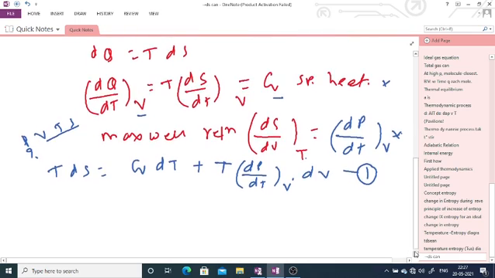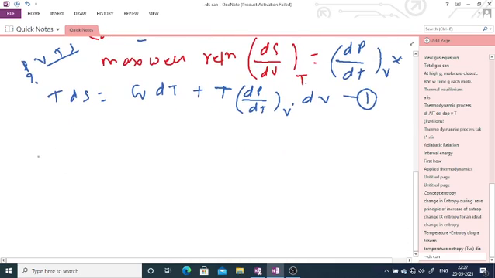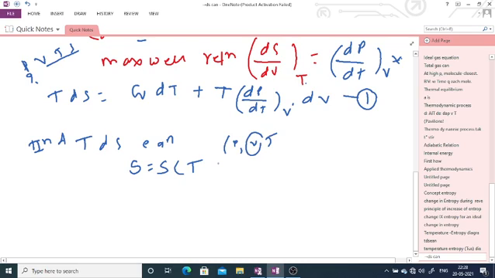Now we can determine the second TdS equation. Once you understand the first TdS equation, it is easy to understand the second. Once again we use entropy. Earlier entropy was a function of T and V; now use pressure, so entropy is a function of temperature and pressure.